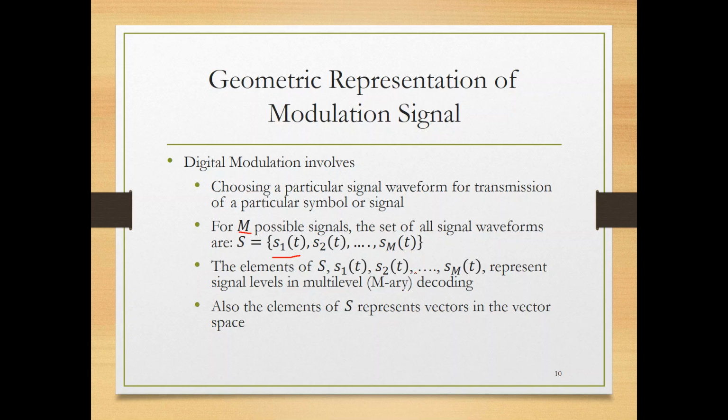The elements of S represent signal levels in multi-level M-array modulation. For example, when I told you there are different levels, this can be S1, this can be S2. We name them mathematically, and each is a function of t, because the x-axis is t. That's a waveform.